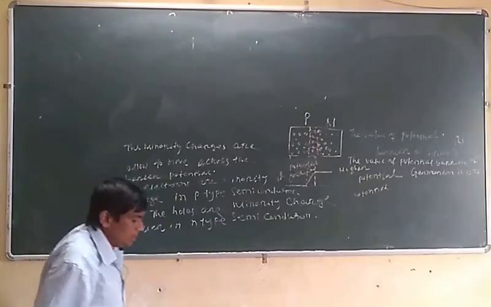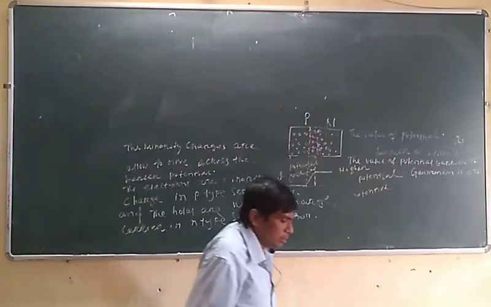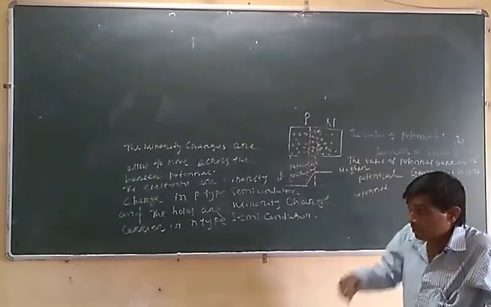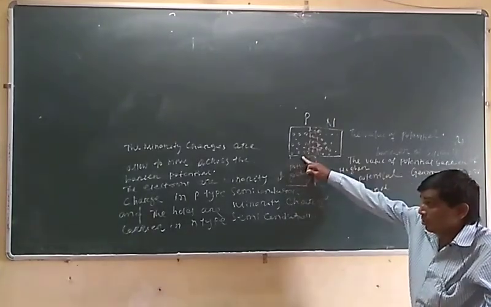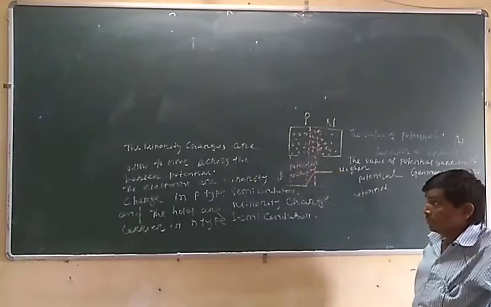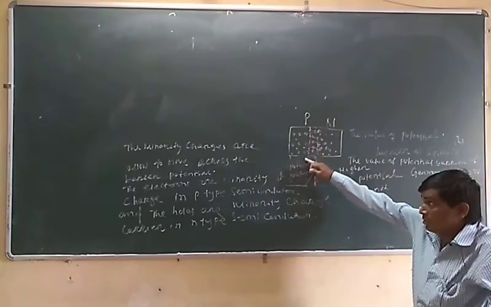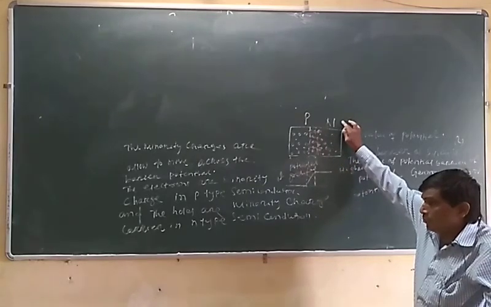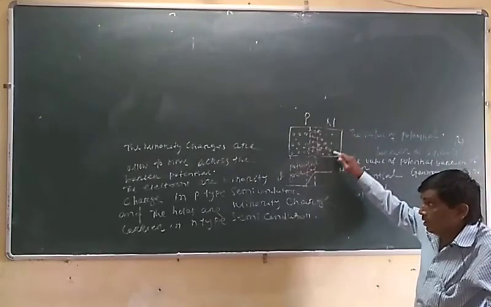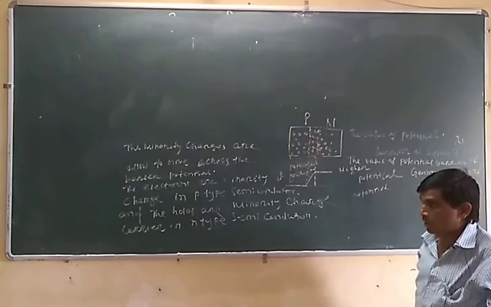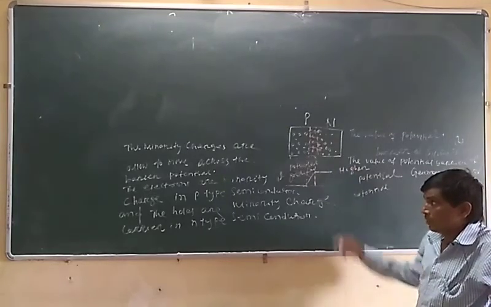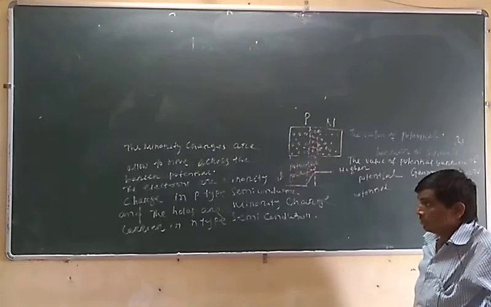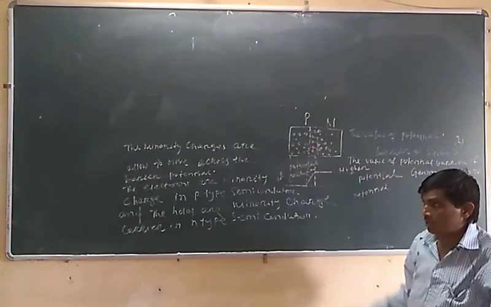So finally, the majority charge carriers of p type are blocked and not allowed, and the electrons, the majority charge carriers of n type, are also blocked. In this case, this forms a p-n junction diode.